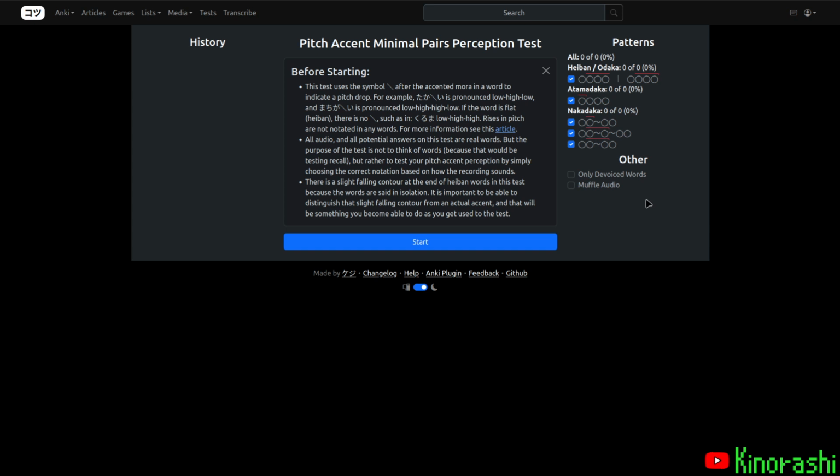Atamadaka. Atamadaka means head high. So in this pattern, the first mora is high, and then all subsequent moras are pronounced with low pitch.